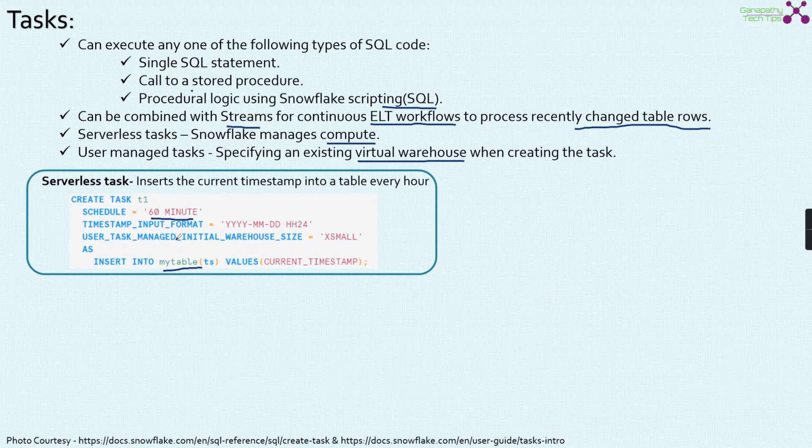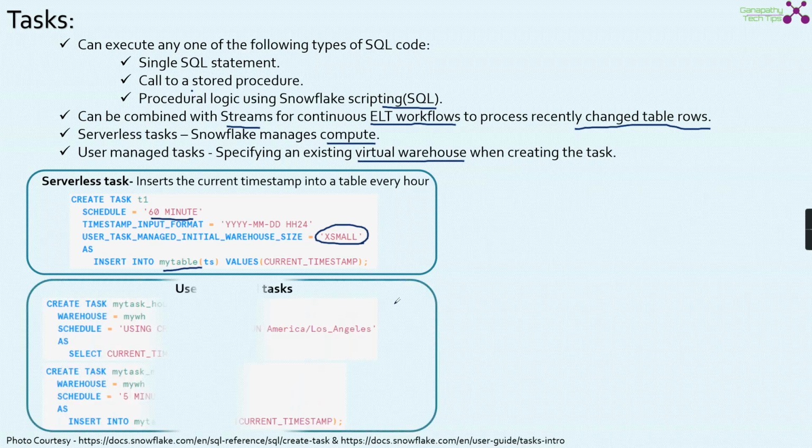Now the user task managed initial warehouse size is XSMALL. This is very important. Using this statement only we can identify whether it is a serverless task or a user managed task. It will start with XSMALL as the initiation phase, and Snowflake will automatically adjust the size of the warehouse based on the workload for the task.